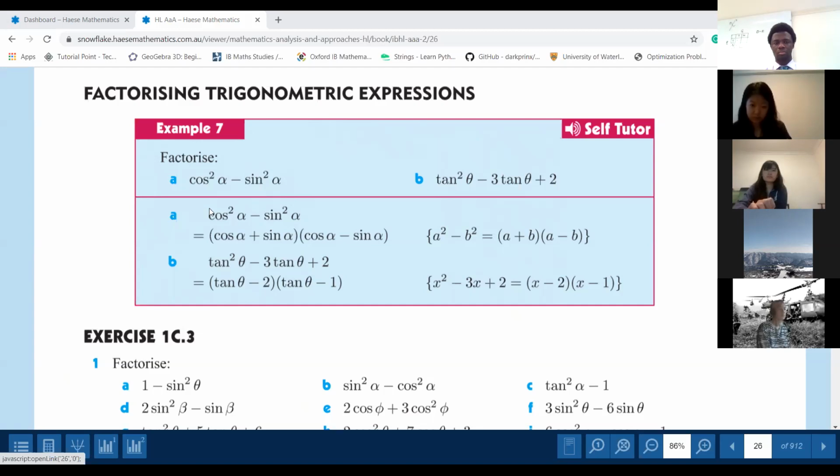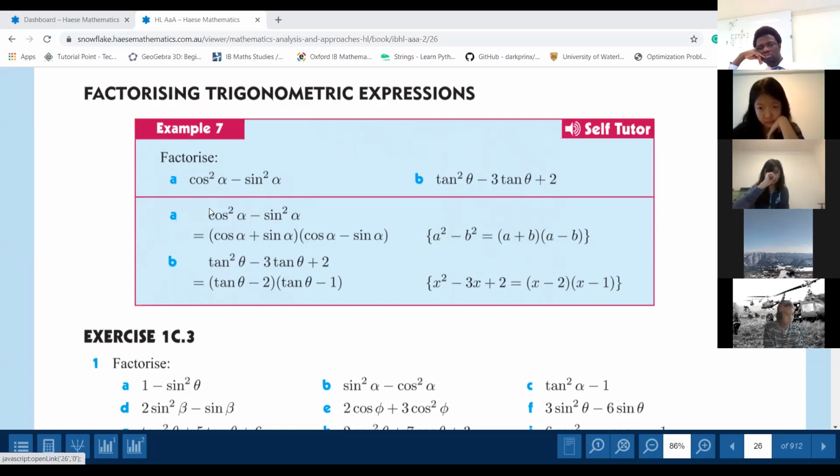In part B, we have a trigonometric expression whose form is also a quadratic. It has the same form as x squared minus 3x plus 2. There are no common factors. The expression is not a perfect square, nor is it the difference between two squares. Instead, we factorize the quadratic by looking for two numbers with product 2 and sum minus 3.